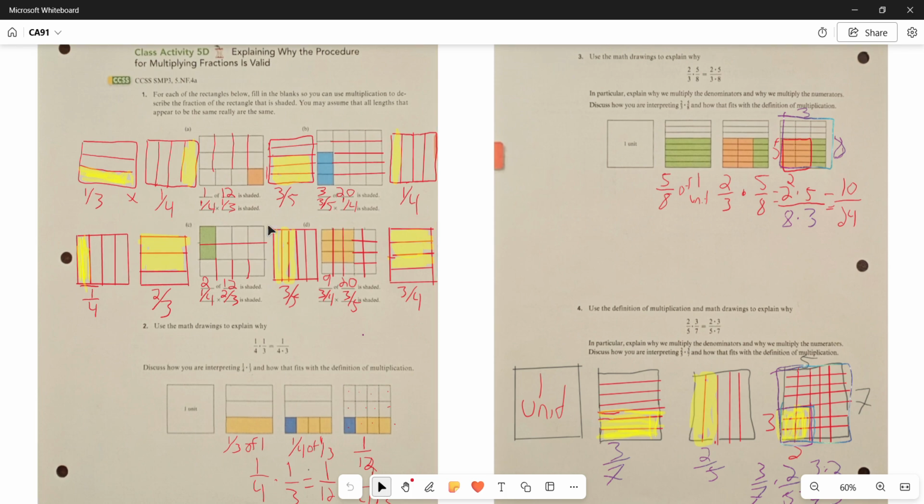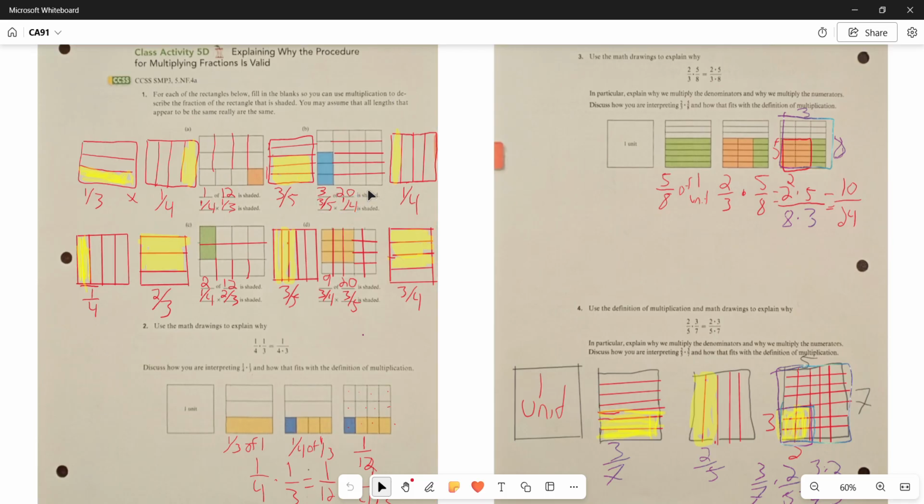And then for B, similar here, I saw that 3 of these size spaces on the cube were shaded, so I extended all the lines, and I determined that there were 20 spaces of this size, and that 3 of them are shaded. So I put 3 of 20 on the top.